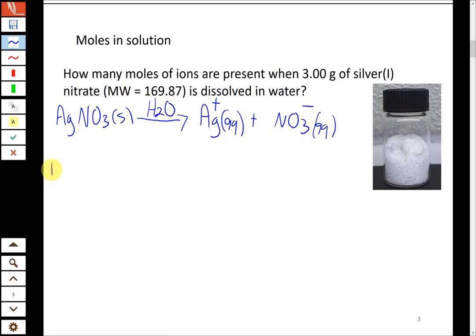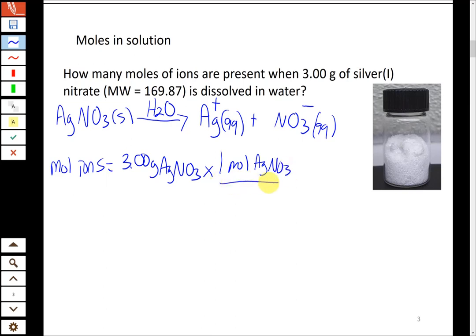So then when we're addressing the problem at hand, if we're looking for moles of ions, we start with the mass of the compound that we have. And we know very well by now from chapter 5 how to convert mass into moles. But if we use the molar mass that's given to us, 169.87, that's the mass of 1 mole of AgNO3 together as an intact compound. So we're going to use that molar mass, 169.87, to go from grams into moles.